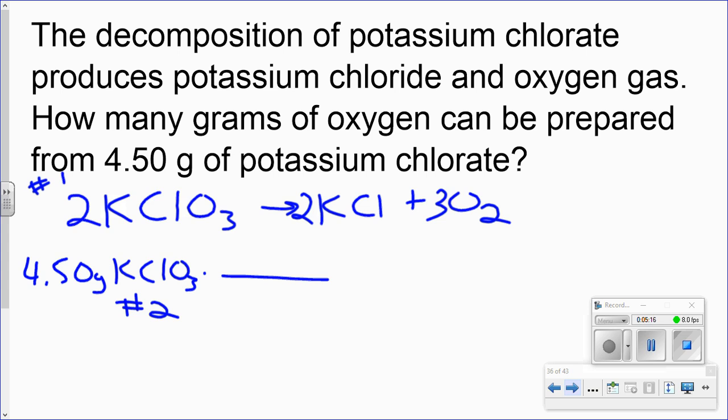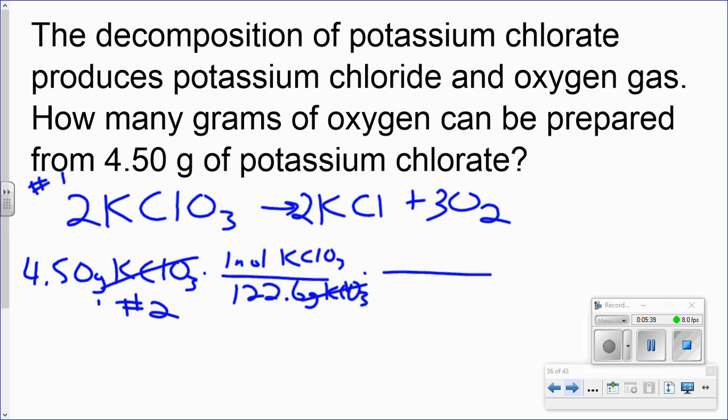Potassium's 39.1 plus chlorine, which is 35.5, plus 3 oxygens is 16 times 3, that's 48. So the total is 122.6. I can use all those numbers: 122.6 grams of KClO3 to 1 mole of KClO3. So that's step number 2. That's done. Check. Step number 3 is the mole ratio.